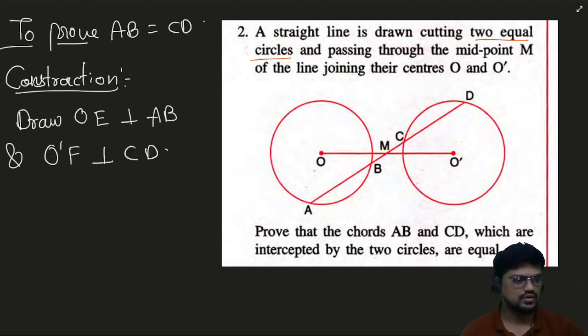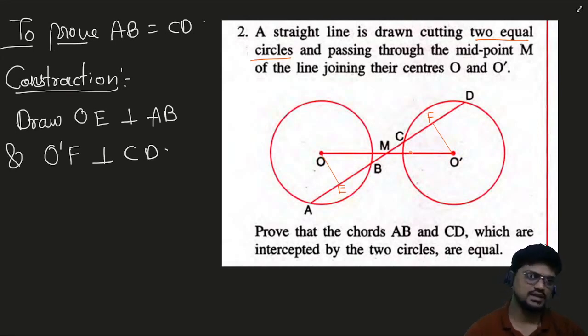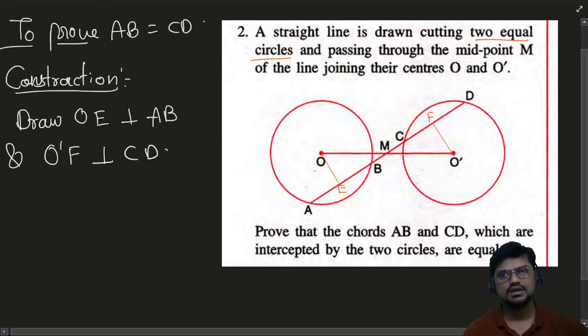That's what we need to draw in it. Sir, what is F? It is supposed to be done as a construction. Got it? We need to prove that AB is equal to CD. They have given.